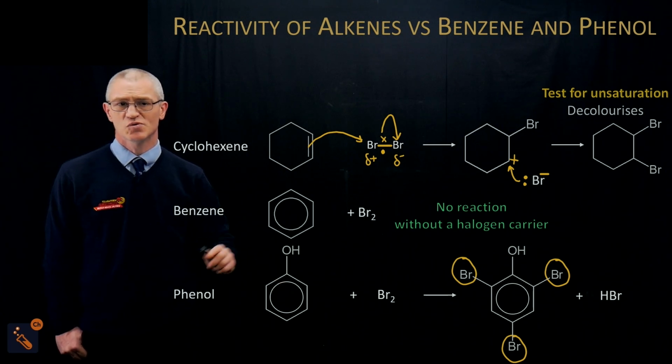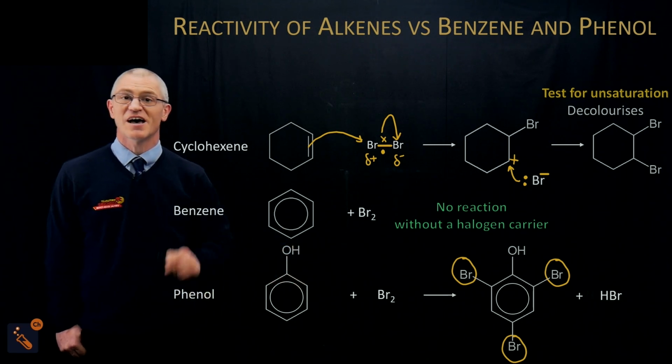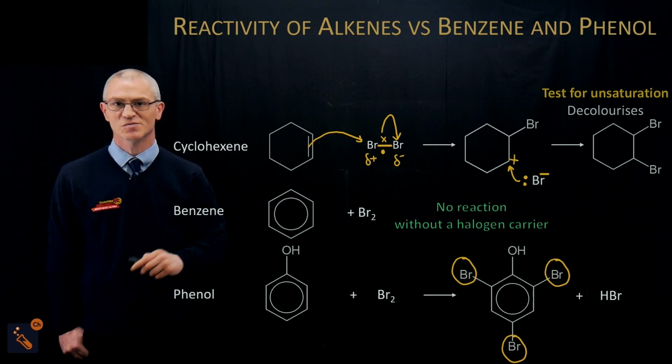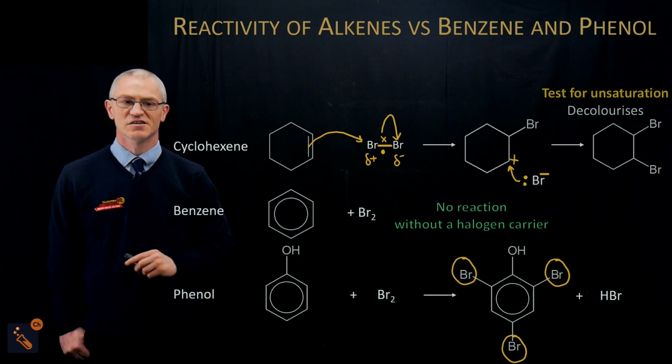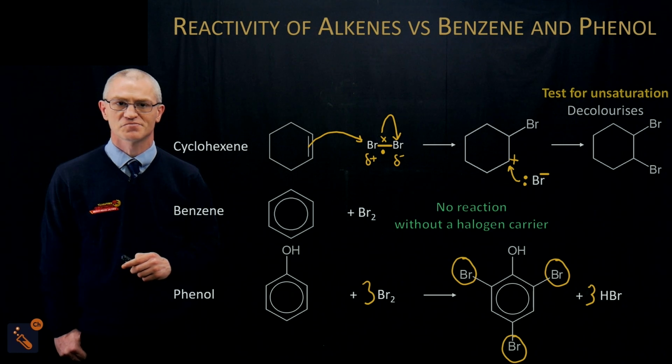That's really important: if you're reacting phenol with bromine, it goes in the 3 positions unless there is something already on those positions. So if you've got a phenol and there's something already on those positions, don't put another bromine on. 2, 4, and 6 is where it reacts. Because I'm doing it 3 times, I have to use 3 bromines, and I produce 3 HBrs.